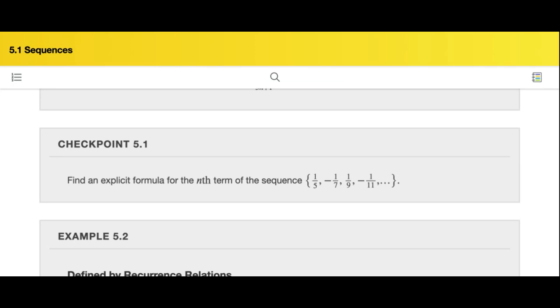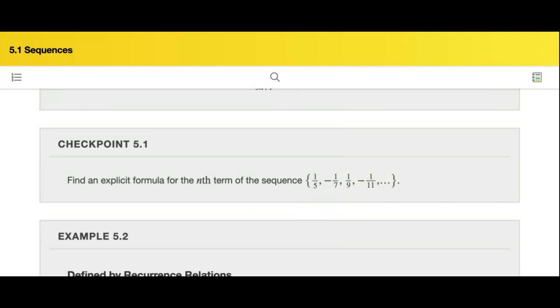What's the position of -1/7? Second position, 2, so 2 minus 1. 9 is 5 plus 2 multiplied by 2, so 9 is 5 plus 4. So 3 minus 1.